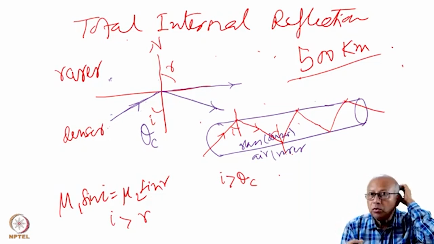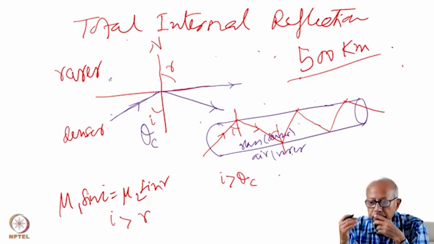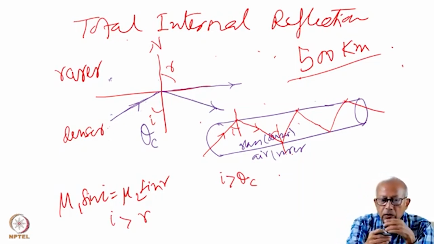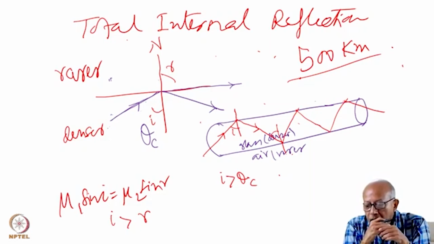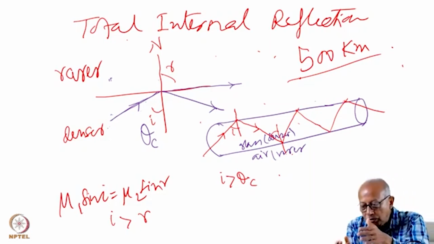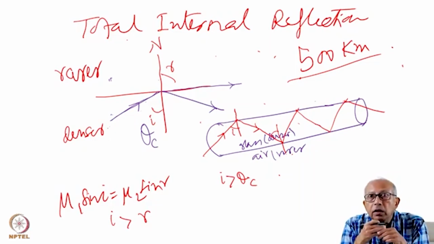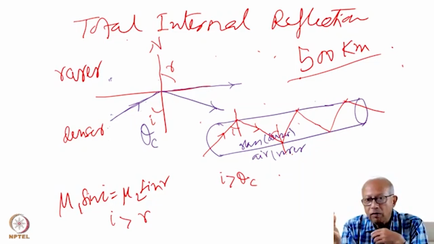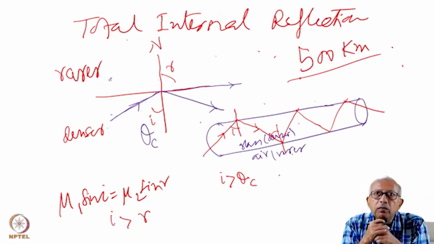We will come to it later during the course. So you exploit the property of total internal reflection, and today this optical communication network forms the backbone of today's communication network. Most of the data that traverses across the globe makes use of this optical fiber.